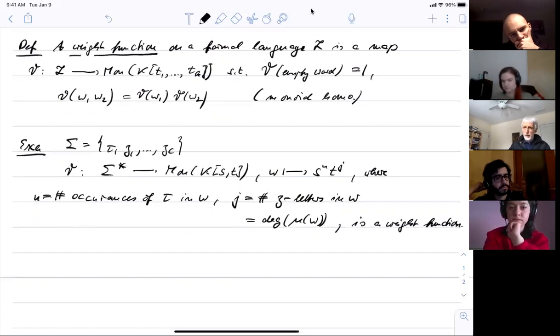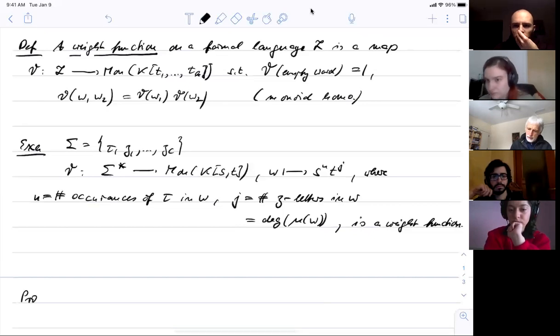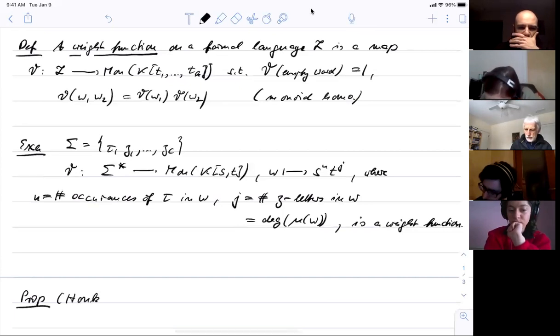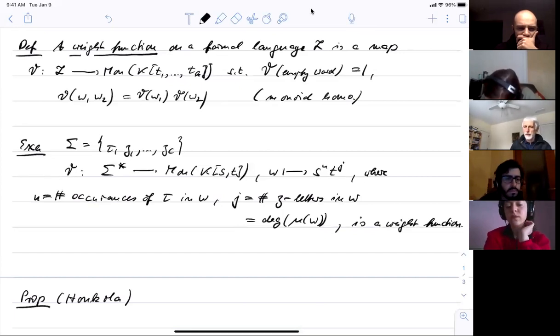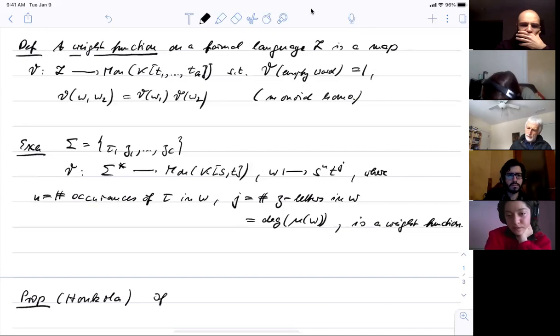Now, why does this help us? This is because of the following combinatorial result, which is due to Honkala, but you could also find it, for example, in Stanley's book on enumerative combinatorics.